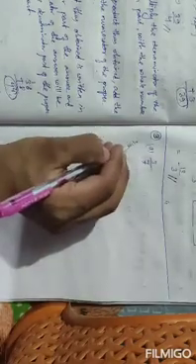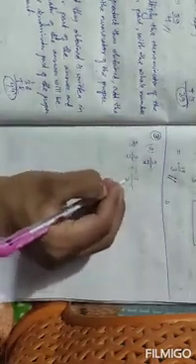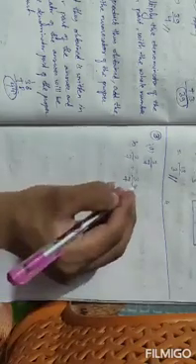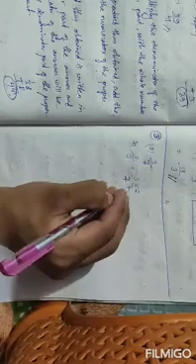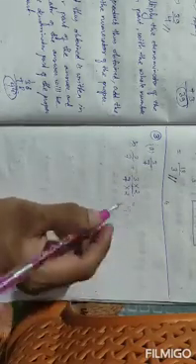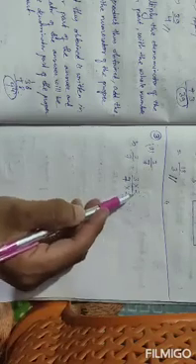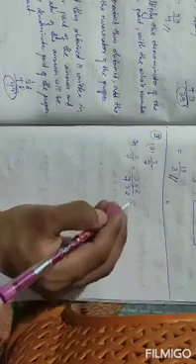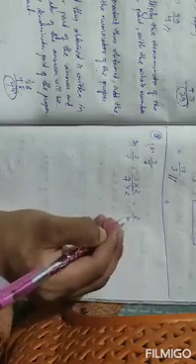In the numerator we have 3, in the denominator we have 7. You can multiply both by 2. Remember, if you multiply the numerator by 2, you have to multiply the denominator also by 2. So 3 twos are 6, 7 twos are 14.